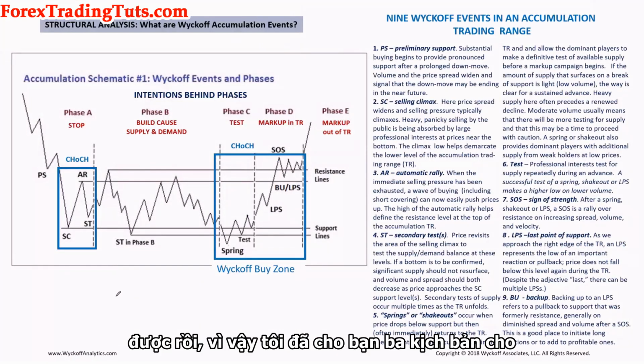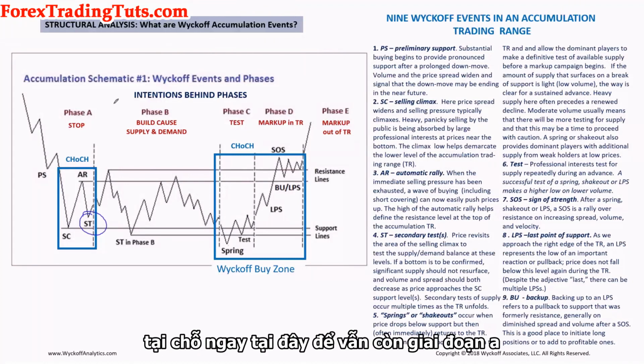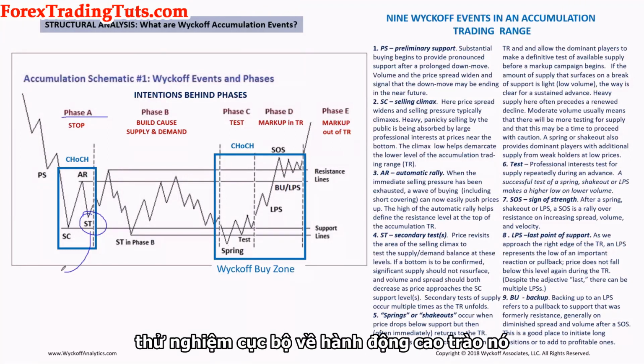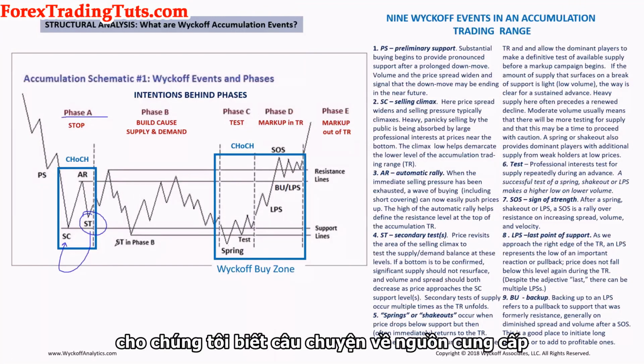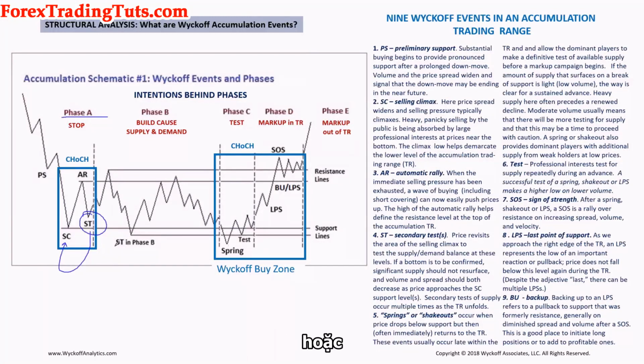Okay, so I gave you 3 scenarios for the secondary test. We're discussing this spot right here, still phase A. The secondary test acts as a local test of the climactic action. It basically tells us the story of the supply: is there still a lot of supply left, or a story of the demand?